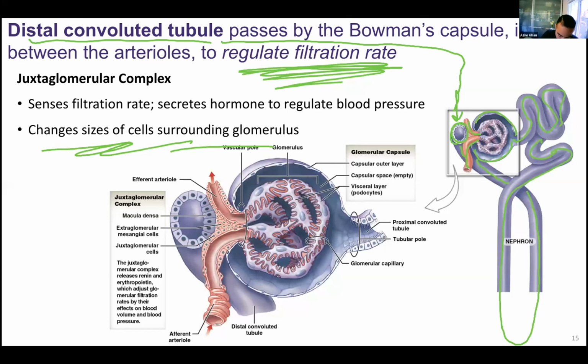We can influence the smooth muscle in the arterioles to change how much blood is coming in, which influences filtration rate. There are special cells here that we're not going to discuss. So this juxtaglomerular complex secretes hormones to regulate blood pressure and influence filtration rate.